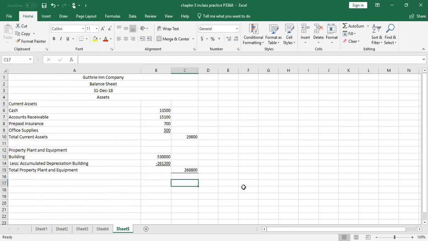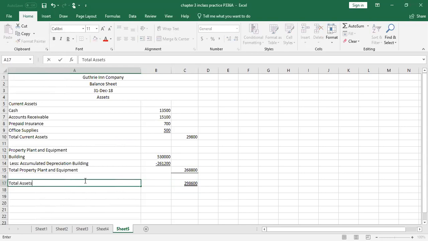We are now done reporting the assets. So we're going to add the total current assets to the total balance of property, plant, and equipment. Double underline, label it, total assets.